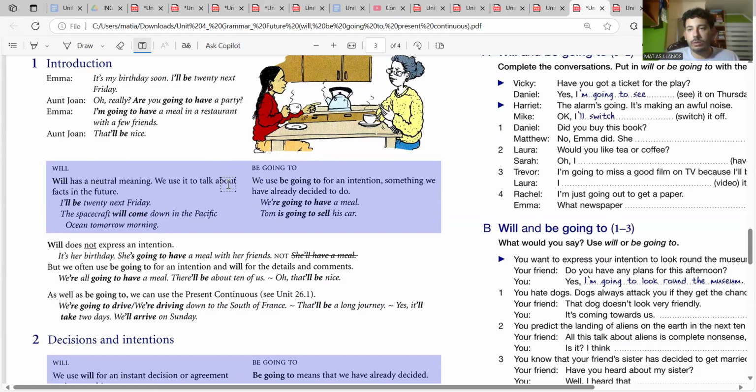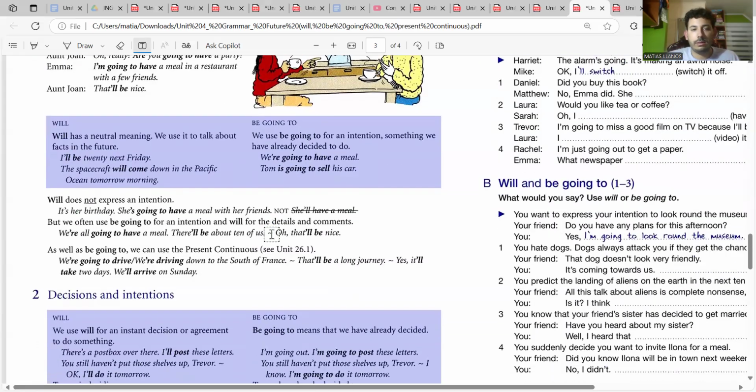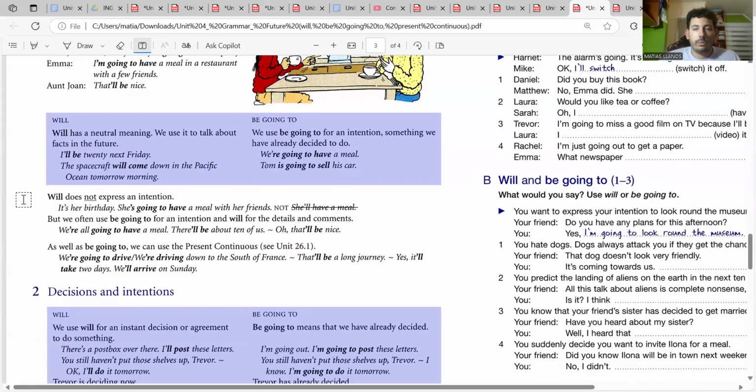We know that we will do that. So you use "be going to." We're going to have a meal. I am going to go to class, you know. "Will" doesn't express an intention.